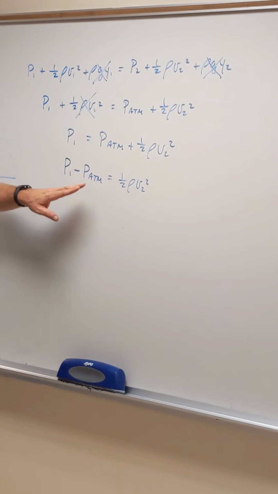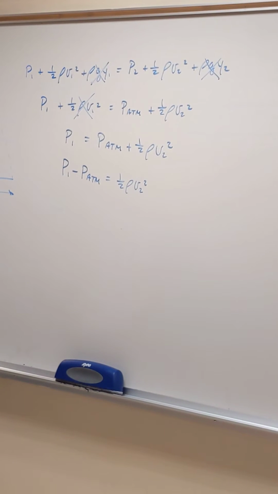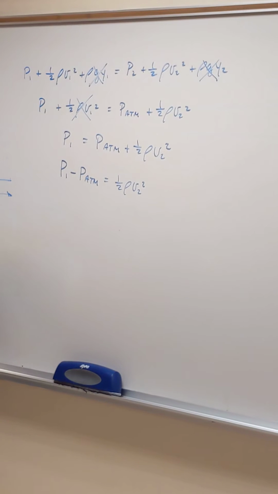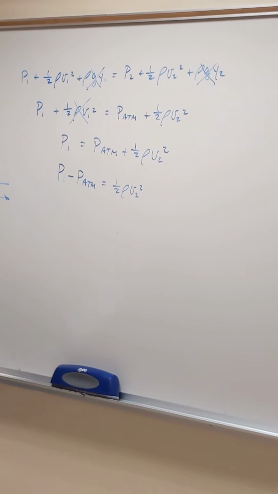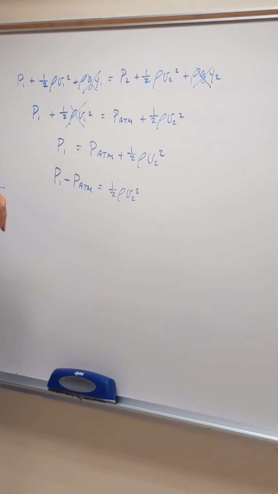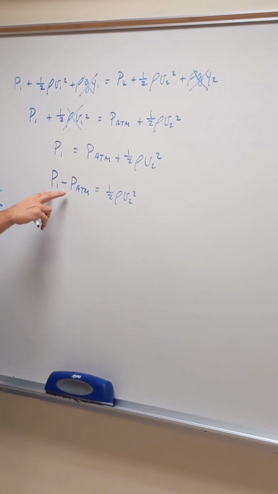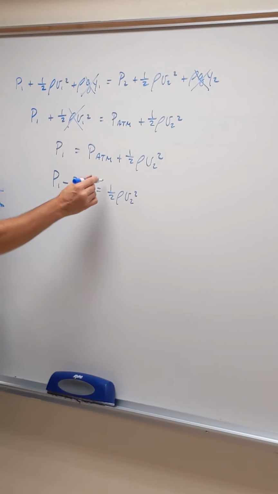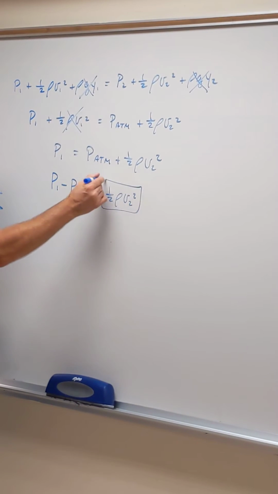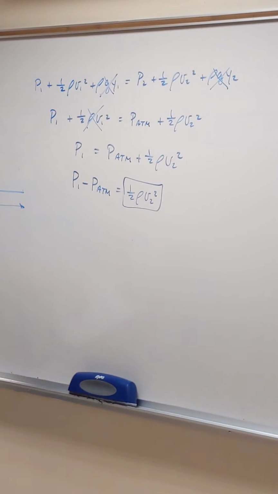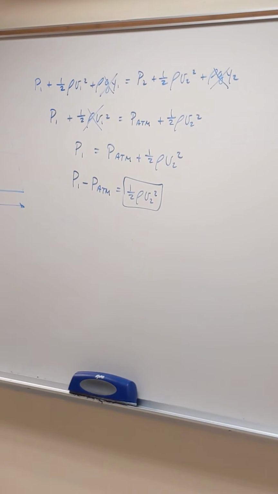It's not due to a difference in position this time. It's due to a difference in velocities of liquids in and out of the object. So this is what we're after, and if we can find this value, we will have answered the question. This is just looking at Bernoulli's part of it.